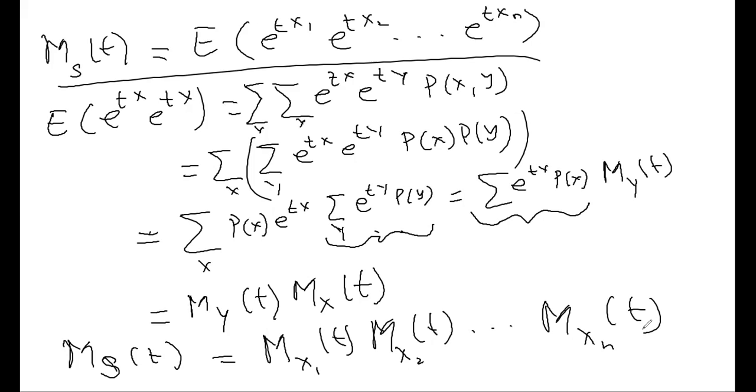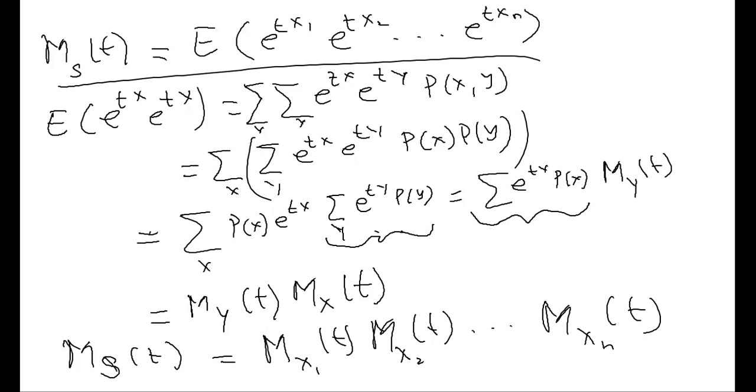The last one is immediate from here. Property number 4 says that if the Xi are independent with the same distribution, then their moment generating functions are the same. And instead of having a product like this, we have that same distribution multiplied by itself n times.